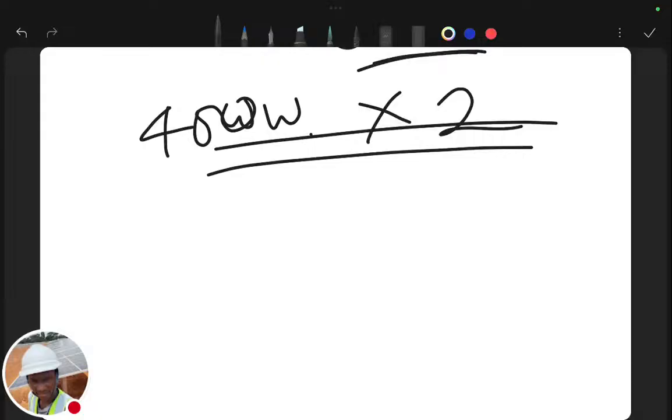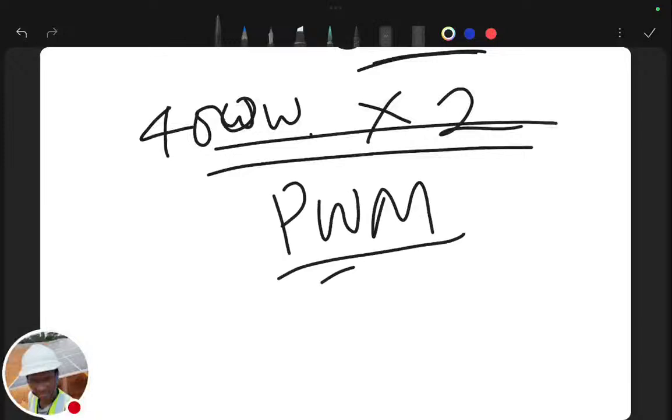So that means that we need the voltage of the panel to be insanely close to the voltage of the battery, or else we're going to have excess voltage, and excess voltage means waste of power. Remember our last lecture. Which means we are going to be using a PWM controller, and a 400 watt panel is like 36 volts.